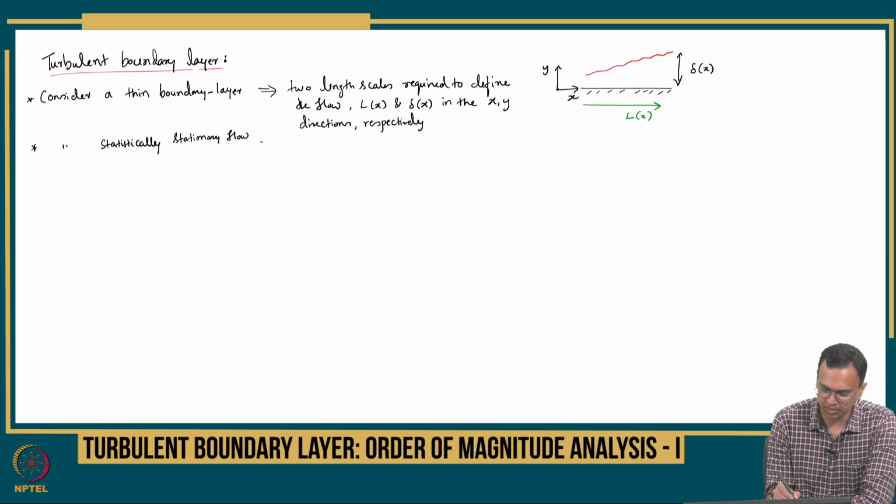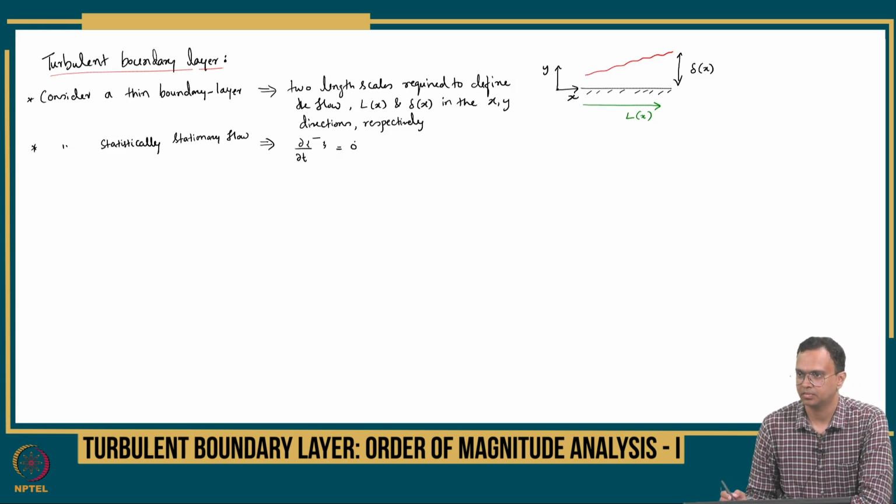So this implies that the dou by dou t of the average term is 0. I'm not talking about the statistical stationarity that you achieve in this flow. I'm taking it as a statistically stationary flow. That is, the mean is no longer changing with time in this problem.